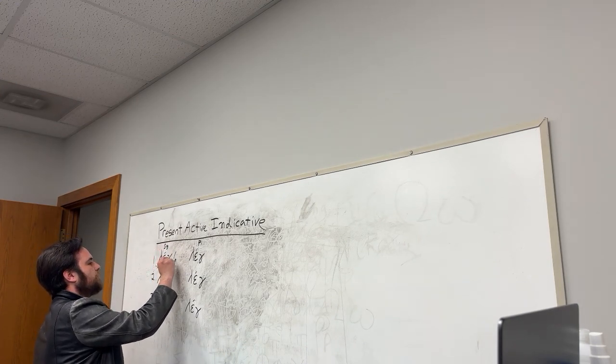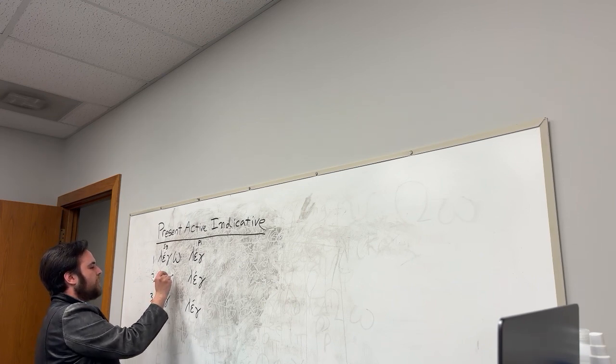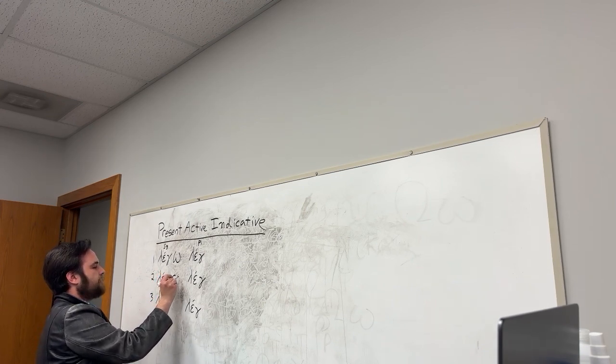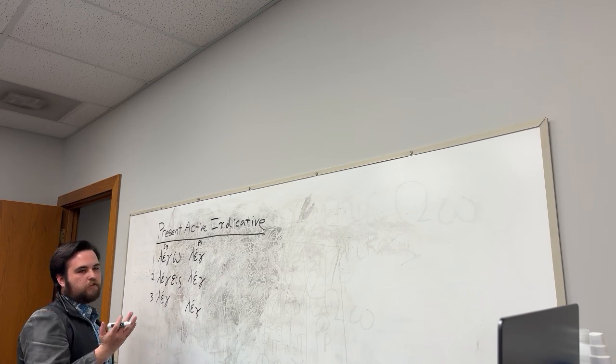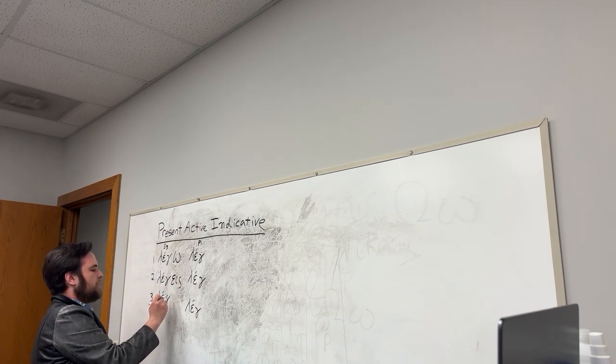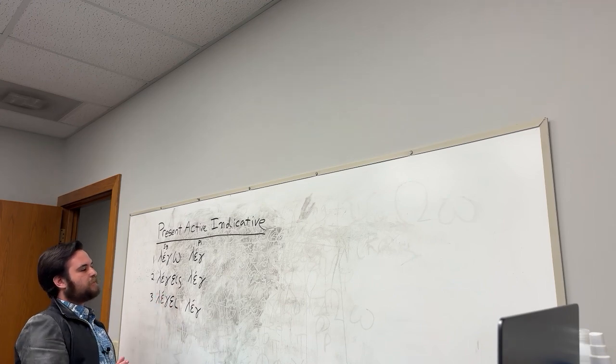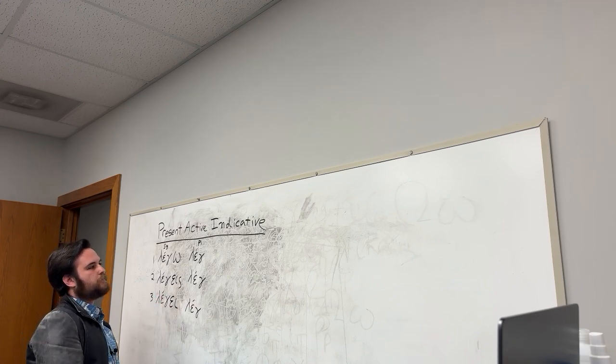You've got Lego, which means I speak or I say. You've got legis, which would be you speak or you say, singular you. And then legi, which would be he, she, it says or speaks.